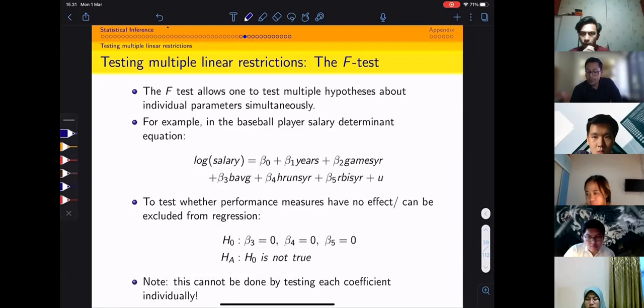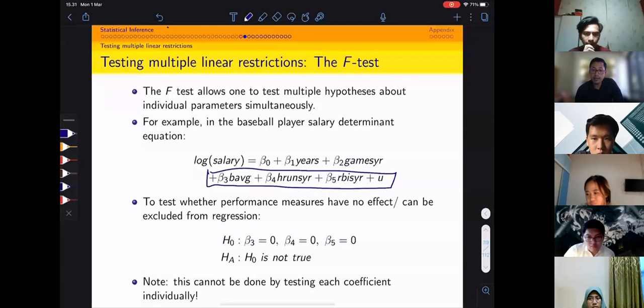So what we'd like to do is test whether these variables simultaneously affect salary. What you're going to test is whether beta 3 equals 0, beta 4 equals 0, and beta 5 equals 0 simultaneously. And the alternative is that the null hypothesis is not true.